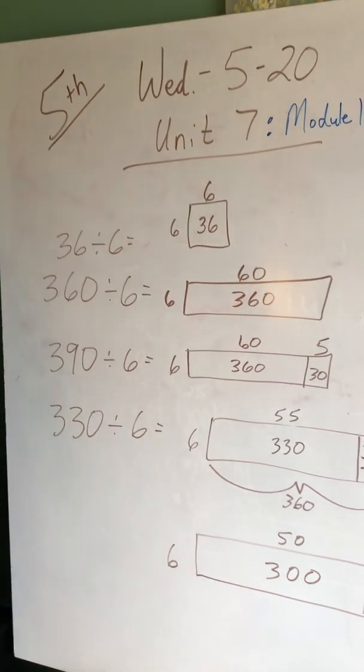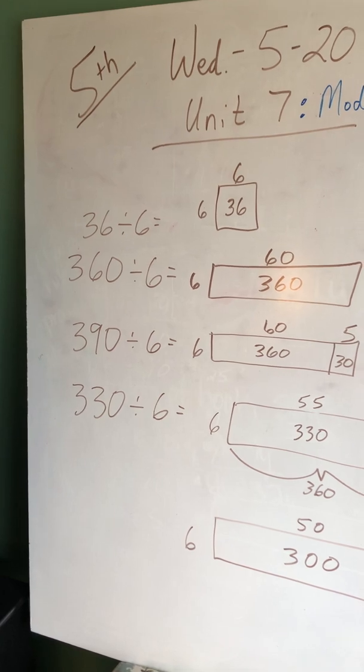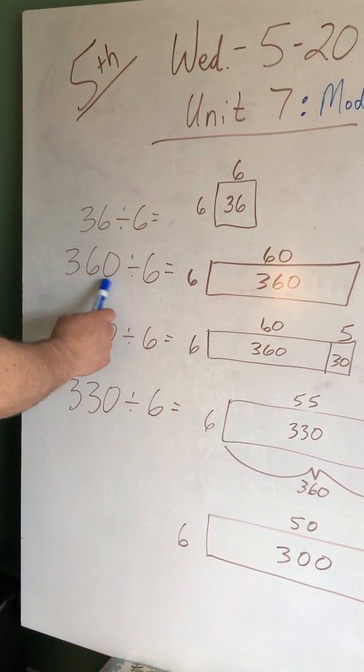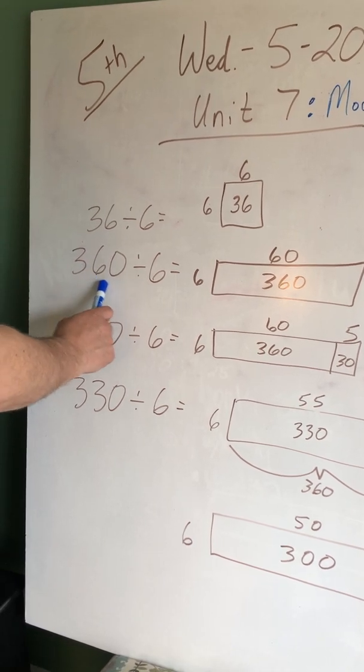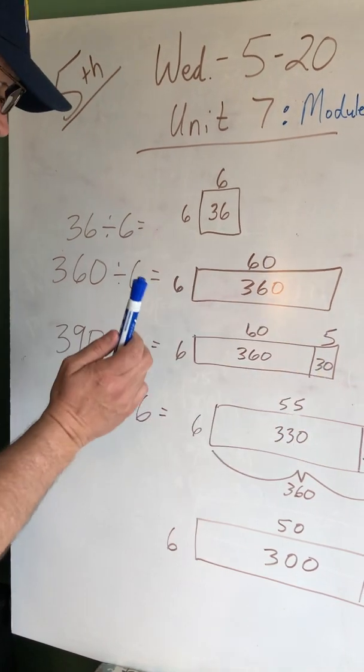Well, a lot of you are thinking, well, that's 30 away from 360, so 30 divided by 6 is 5, so it's 360 divided by 6 plus 5 more, which it is, okay?